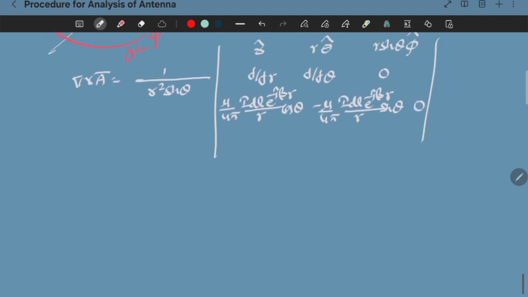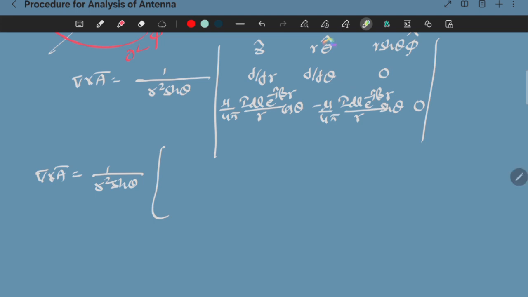Now we need to perform this curl operation very carefully. So del cross A bar is equal to 1 by r square sin theta. If you want to get the r component, remove this column and this row, then take the determinant of these two, you will get 0. So no r component.